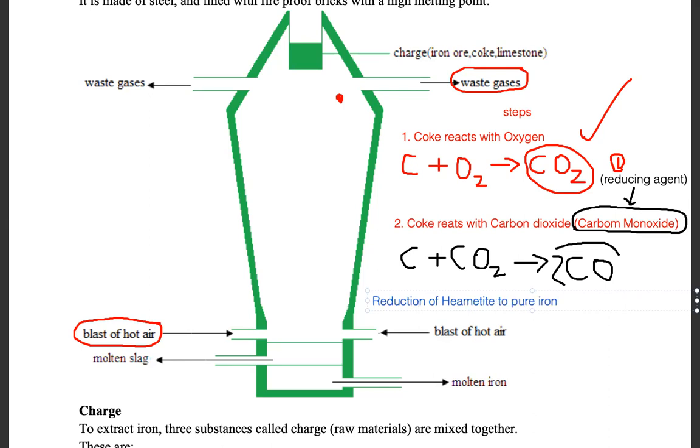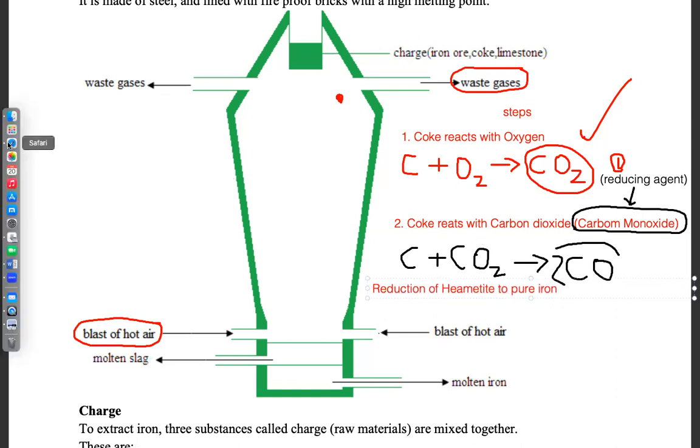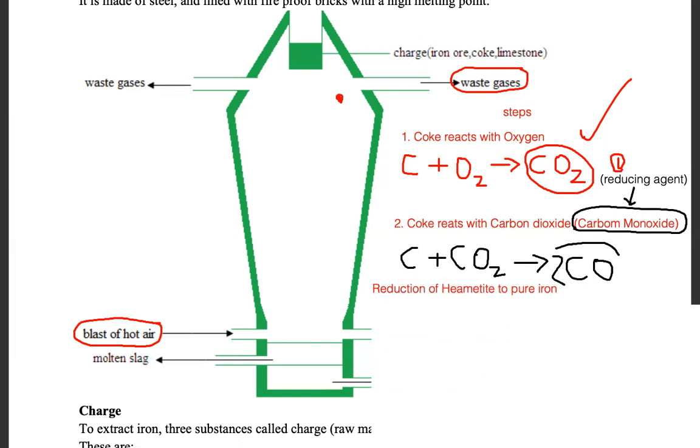We have done the extraction. It's done, dusted. The process happens because of the production of carbon monoxide. If carbon monoxide was not produced, this process would not even be possible.